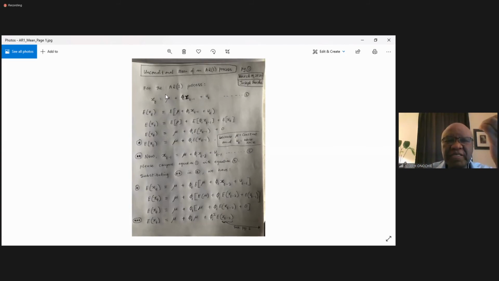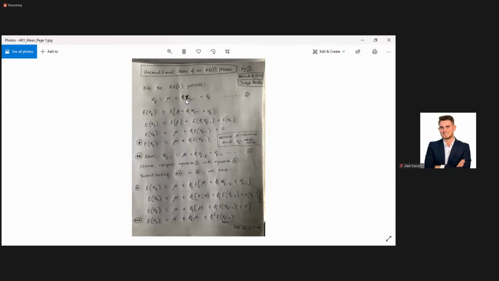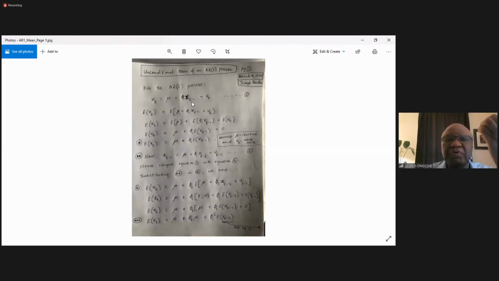So if we put this to be 0, then this would be a zero-mean AR1 process. Why is this an AR1 process? Because the return at time t is determined by a white noise error plus the return at time t minus 1. By the way, this is t minus 1, so sorry about that.